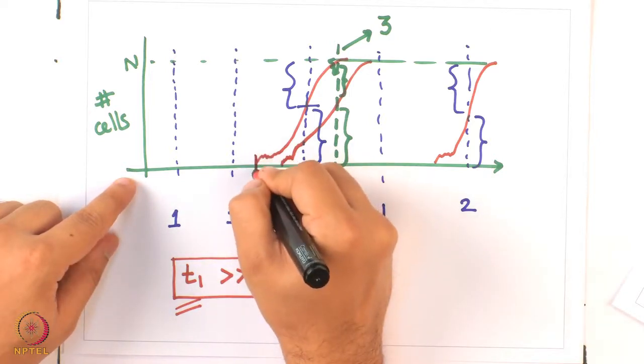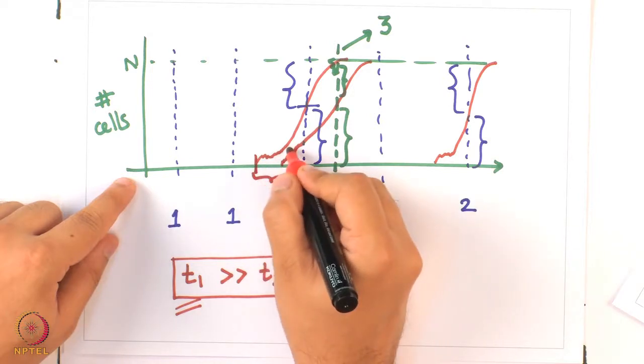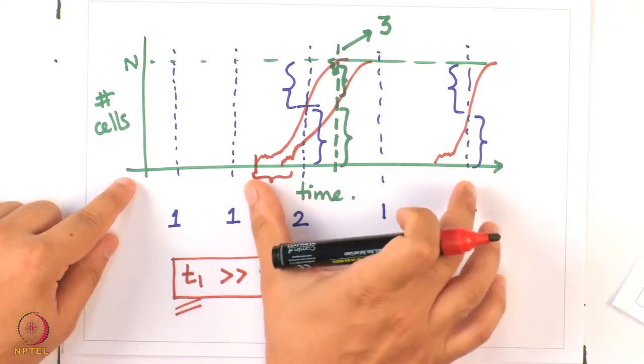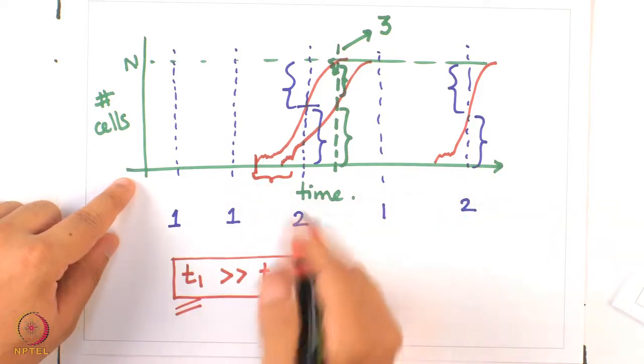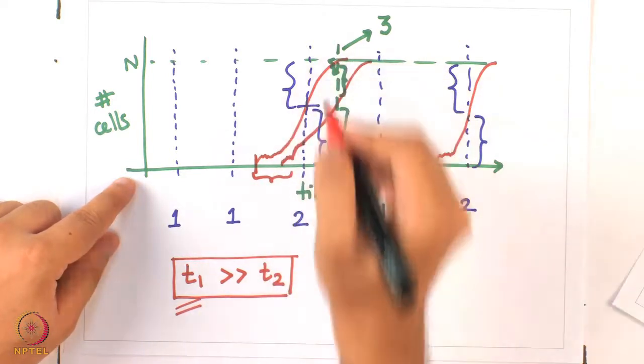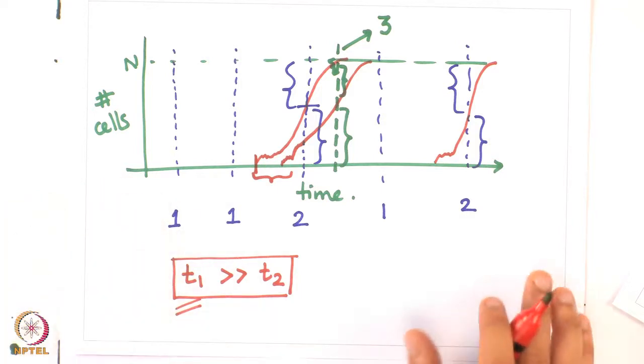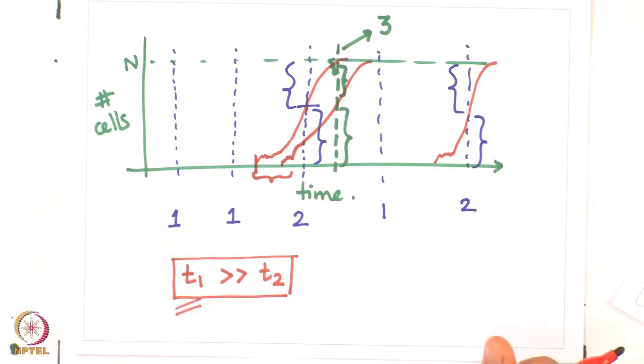Because once one beneficial mutation becomes established, the waiting time for the next beneficial mutation to get established is very large compared to the time this mutation would take to go to fixation. Hence, the implicit assumption in all of our analysis is that T1 is much larger than T2. So before we proceed, we'll check this assumption and find out the physiological conditions under which it holds.